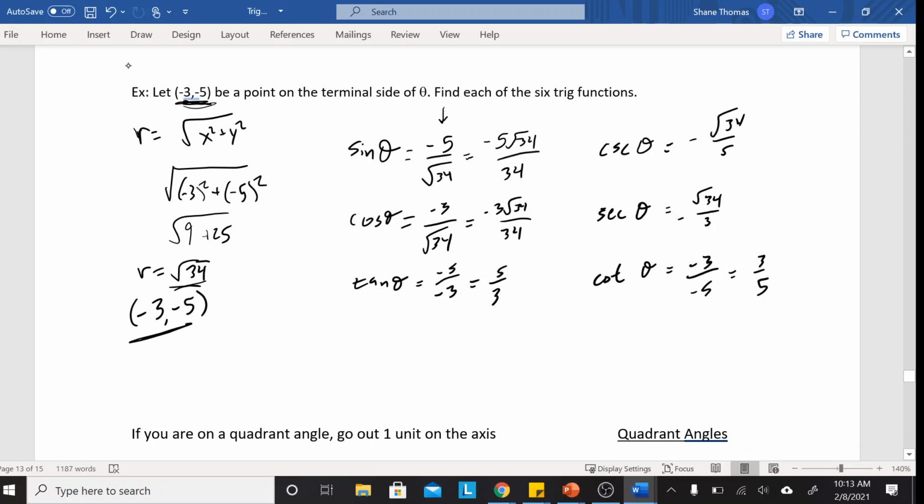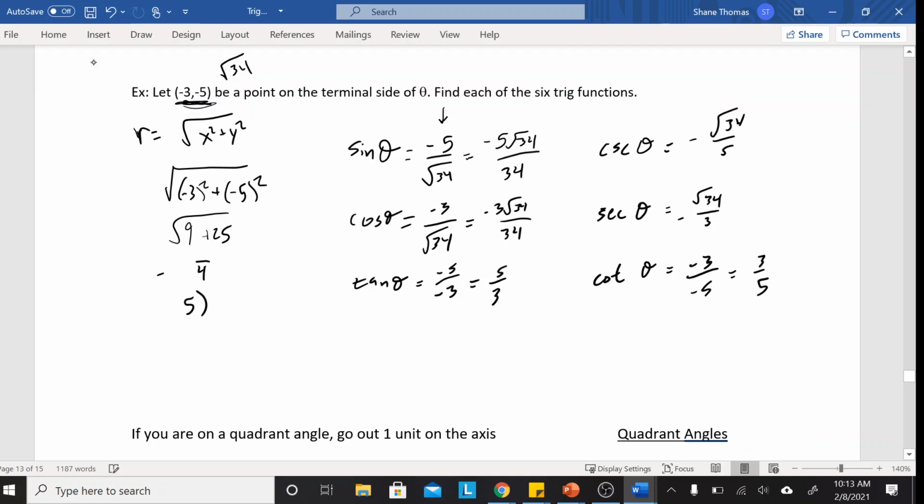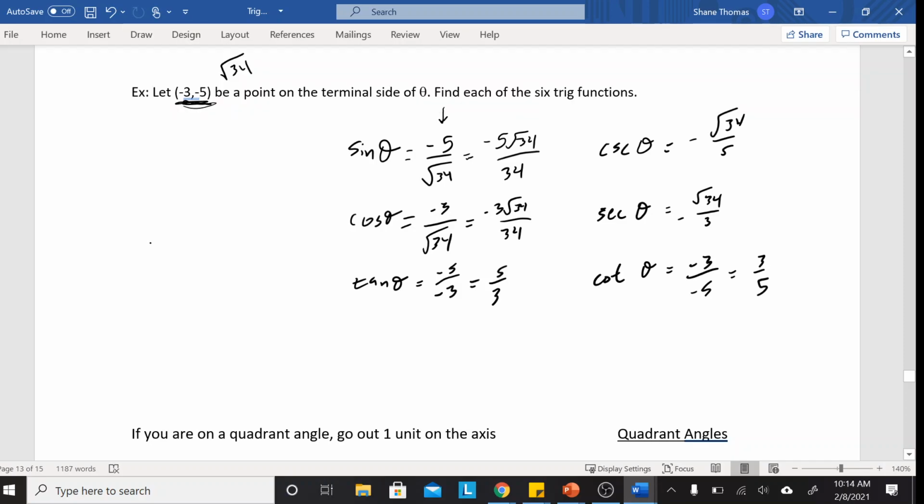Okay. Now, I'm just going to write this up here once. I'm going to make a little bit of space. So let's do this the other way once, just to make sure it's going to be exactly the same. All right, so if I have a point that's (-3, -5), that's going to be in quadrant 3.